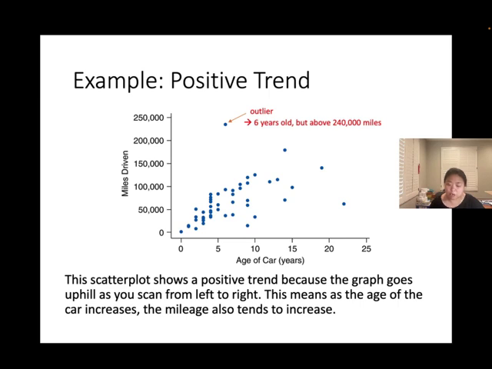And talk about the outlier as well. There is one exceptional point, just like this one, the outlier. This car is only about 6 years old, but has been driven about 240,000 miles. Okay, that's it.